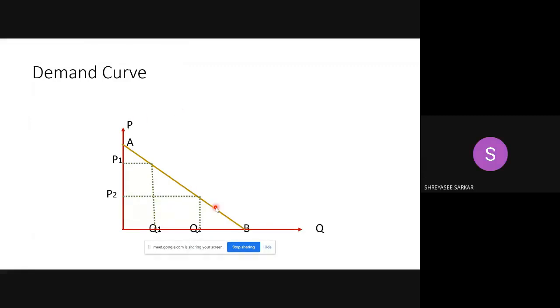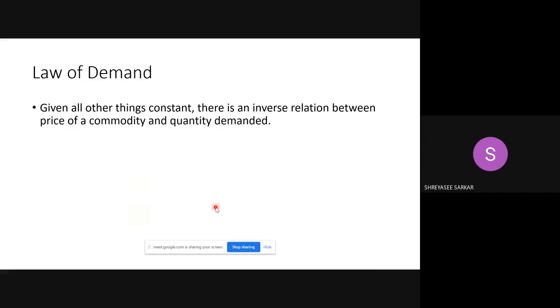Ma'am, I have a question. In this slide you have written "given all other things constant," and you said that these things can influence. So what are those things which remain constant? We will explain, but as you are asking now, my income can influence my demand. The price of other goods related to that particular commodity can also influence my demand.